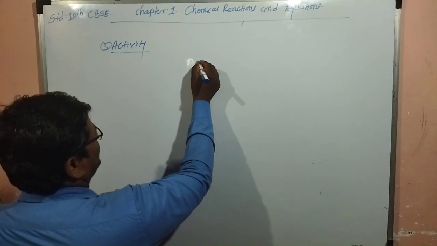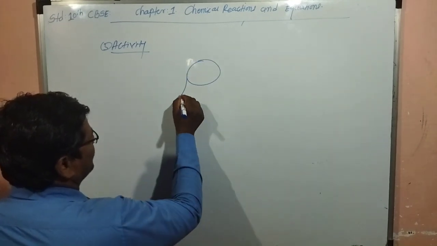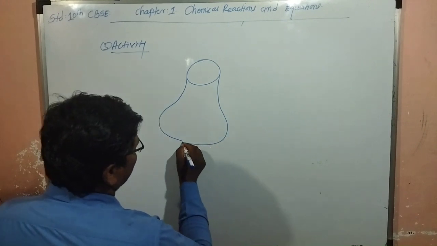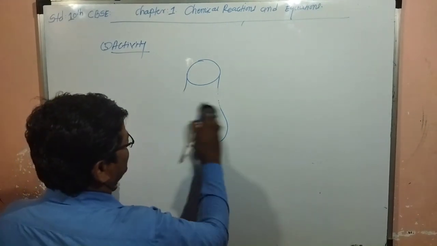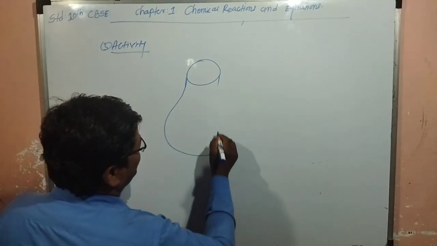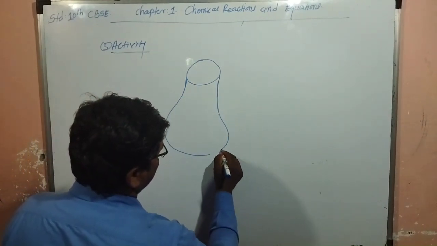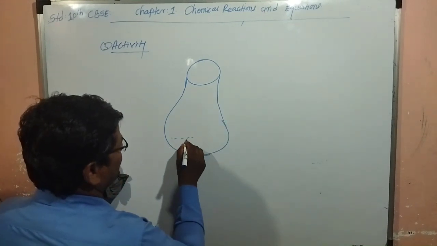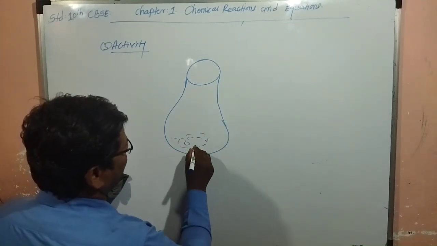So what you have to do? You have to take one conical flask. In that conical flask, you have to take zinc granules.